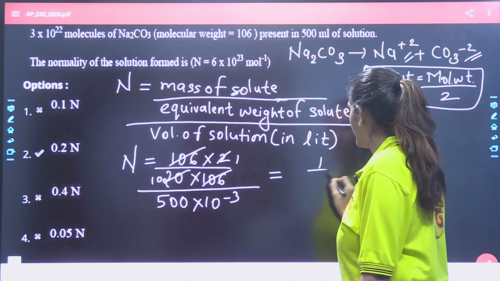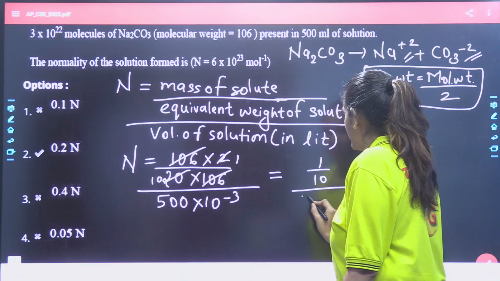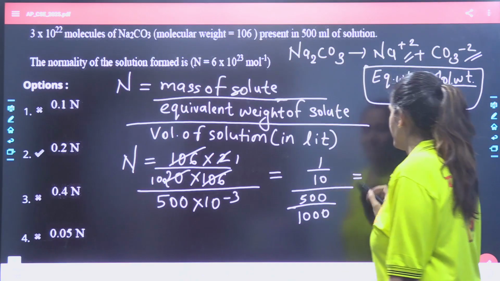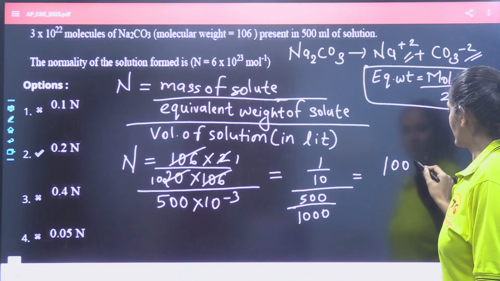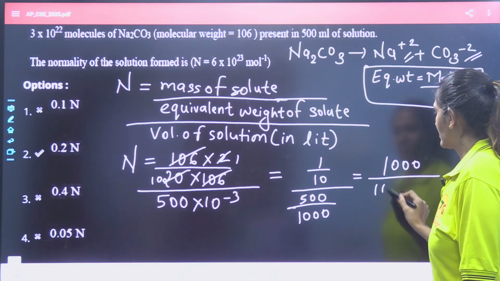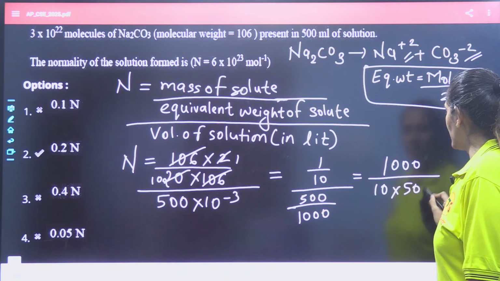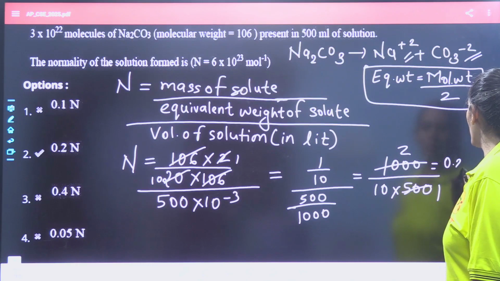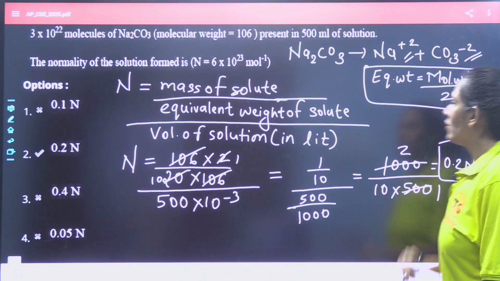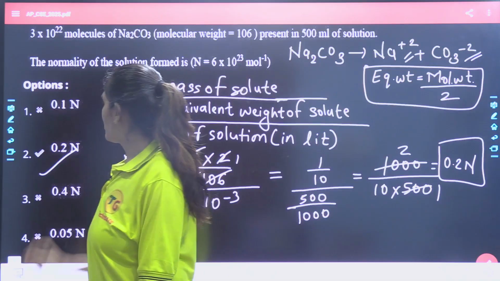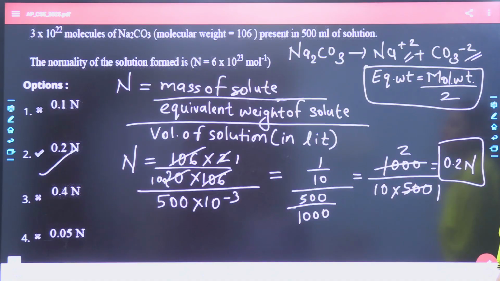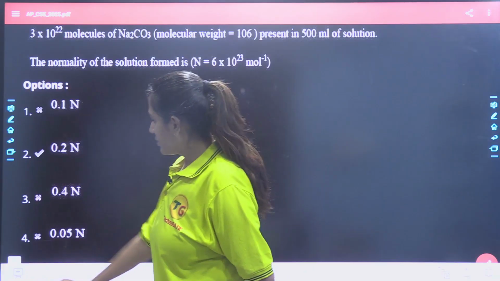It is 1 by 10, simple maths, and 2 by 10 is 0.2 normal. So our correct option is 0.2 normal. Just put all the values and solve it. Clear?